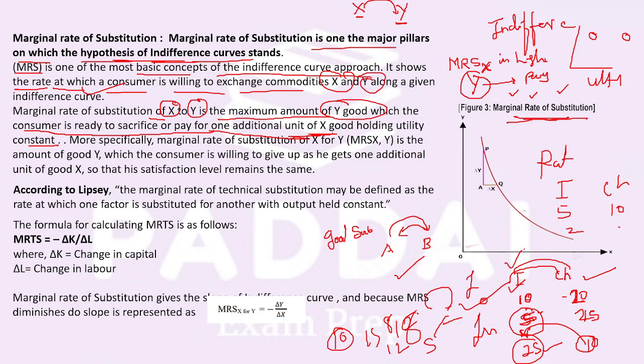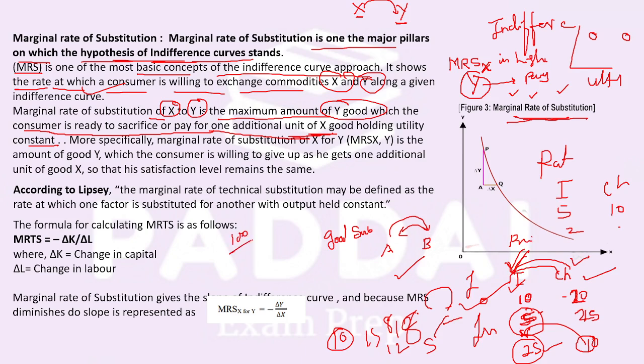See, it can happen, ice cream can be costlier compared to chocolate, but I'm ready to pay for ice cream because the satisfaction is good. But there is a limit to what extent I am ready to replace. See, here price or income comes into action.